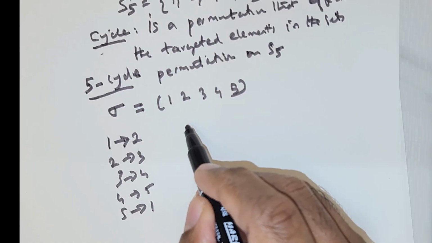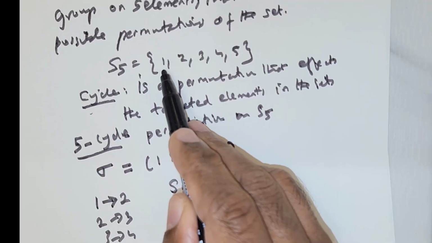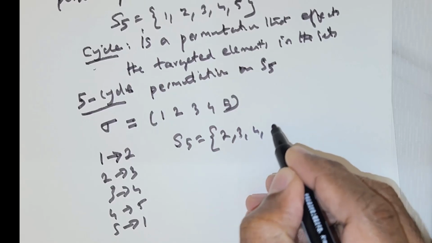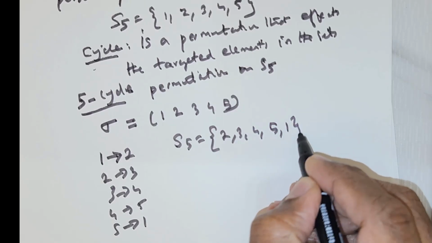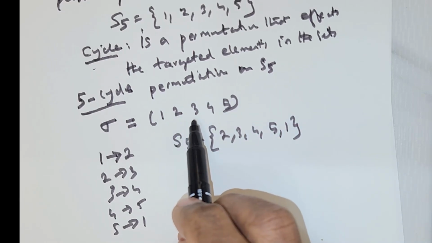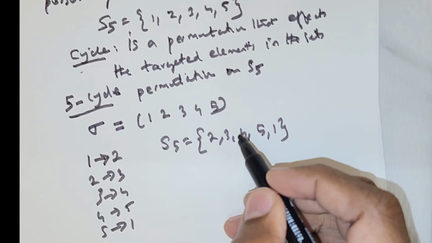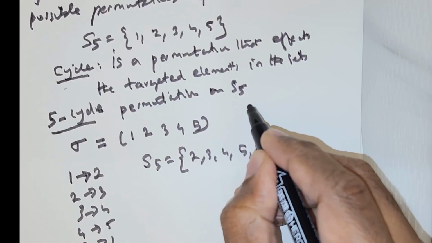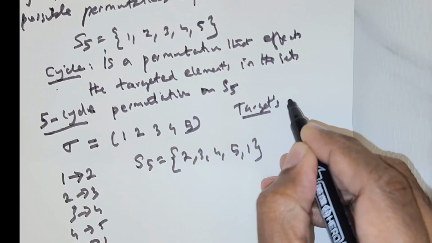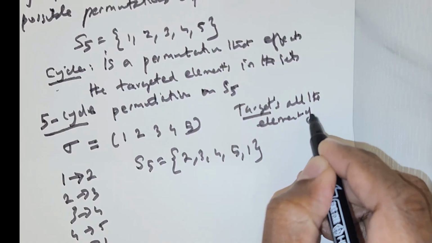So our new S5 would now be, see, we started S5 like this: 1, 2, 3, 4, 5. Now our new S5 is going to be 2, 3, 4, 5 and 1. This is all because we ran this cycle. So what does this cycle do? This cycle targets all the elements of S5.